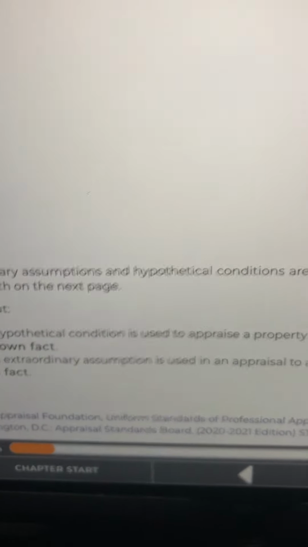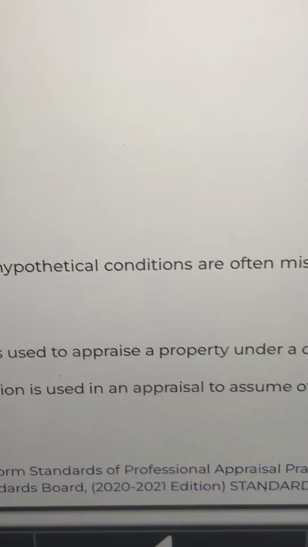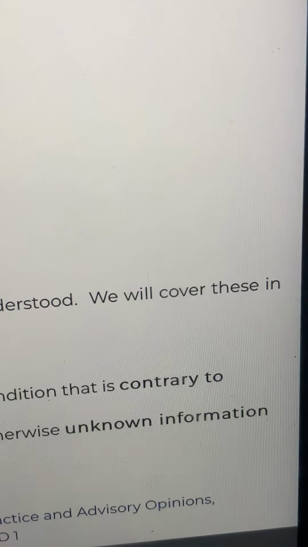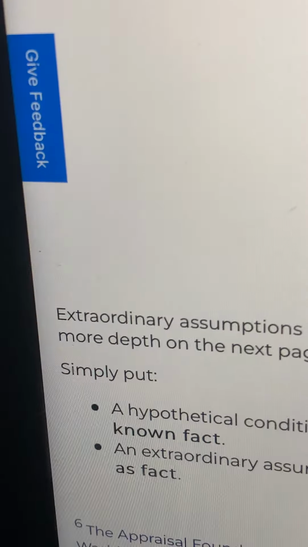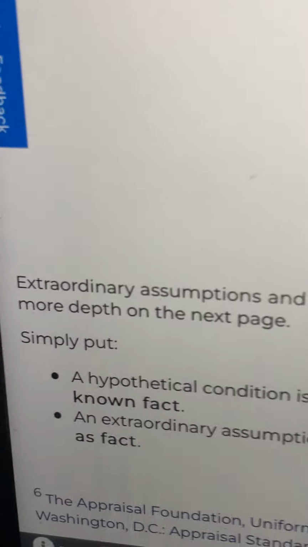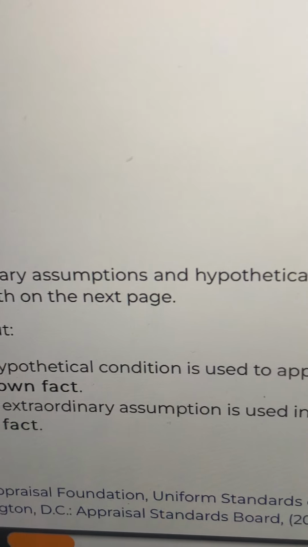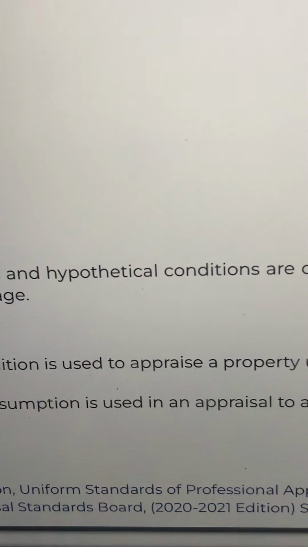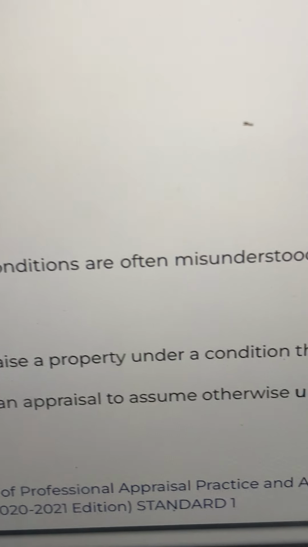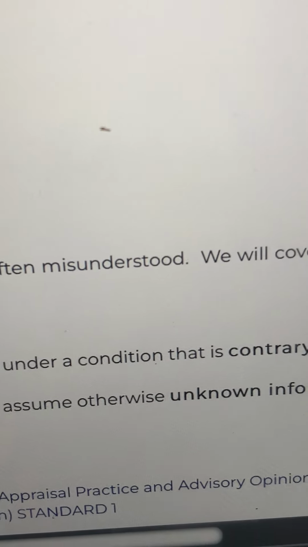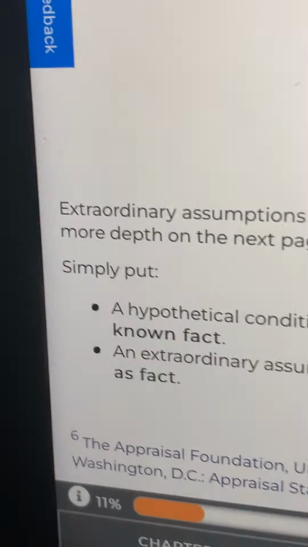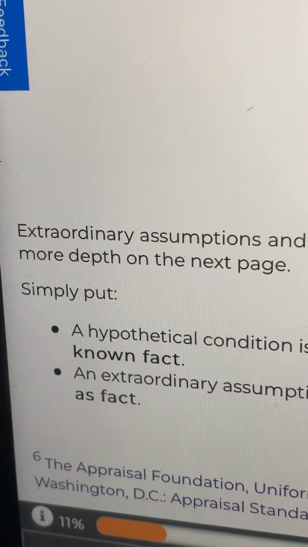Extraordinary assumptions and hypothetical conditions are often misunderstood. We will cover these in more depth on the next page. Simply put, a hypothetical condition is used to appraise a property under a condition that is contrary to known fact.